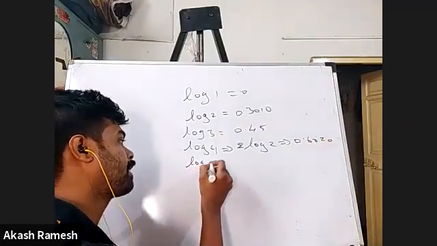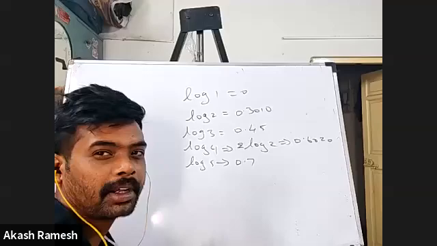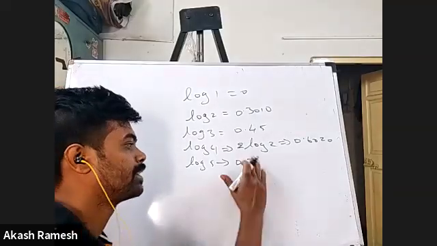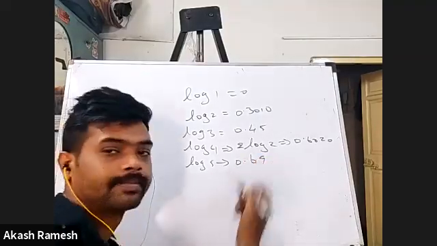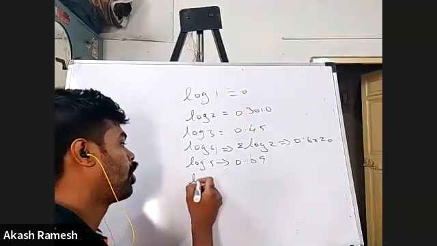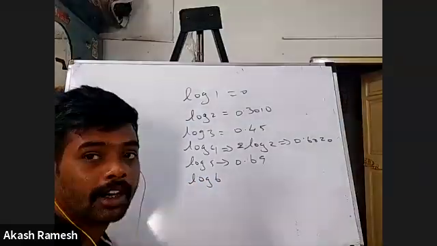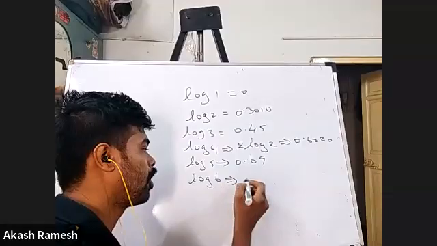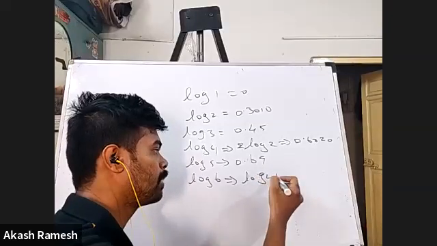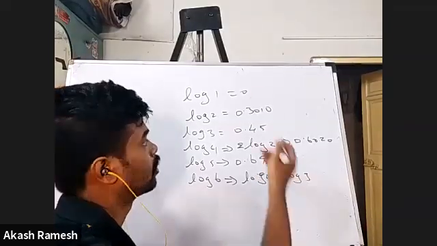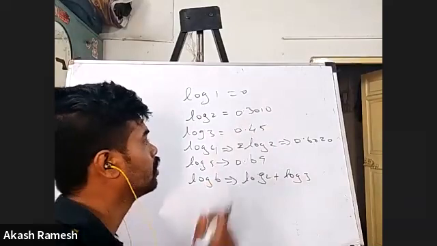Now log 5 would be around 0.7 approximately. I think it would be 0.69 to be exact. Okay. And log 6, how will I be able to write? Log 6, I can write it as log of 2 into 3. So I can write it as log 2 plus log 3. So log 2 is 0.3010.